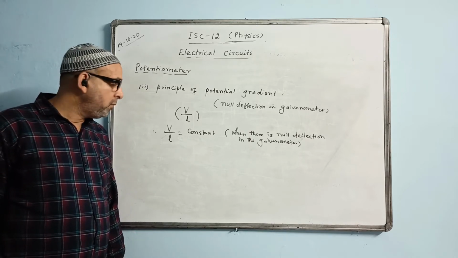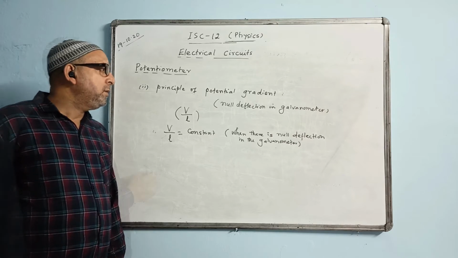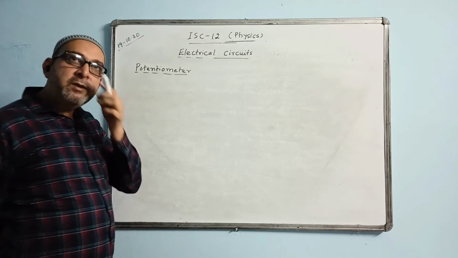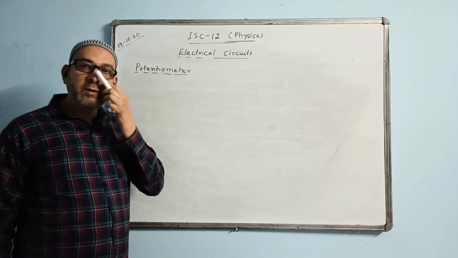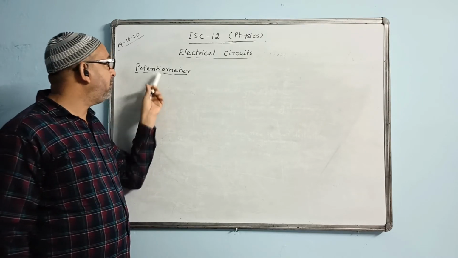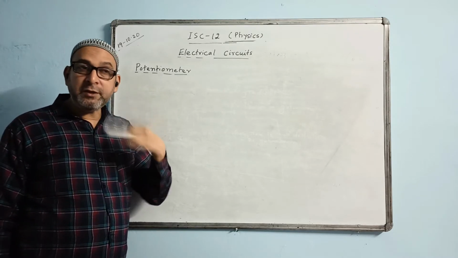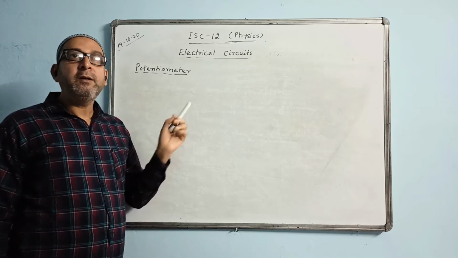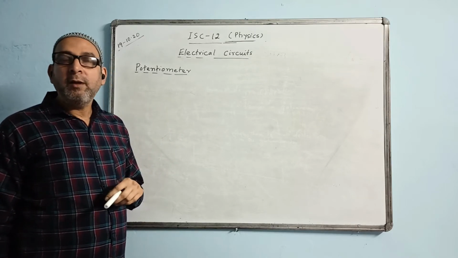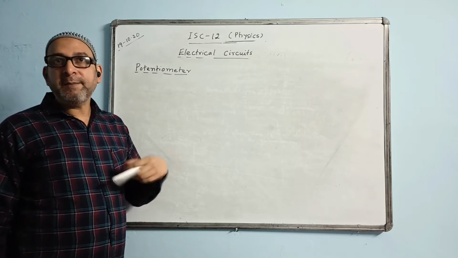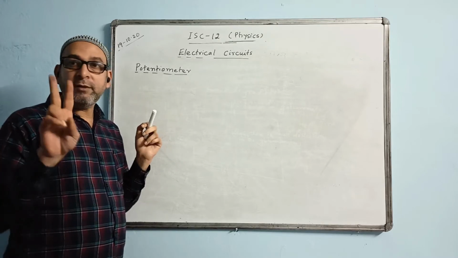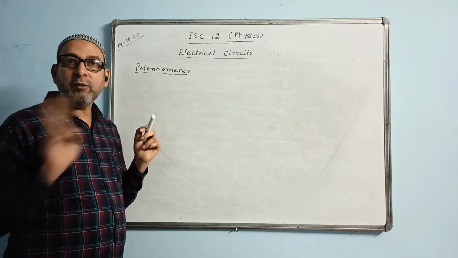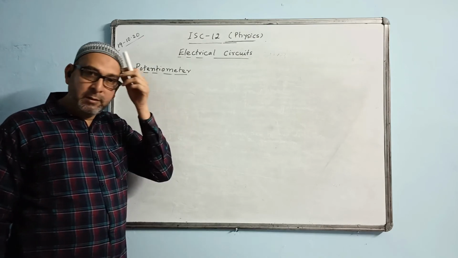They very often ask you on what law the second principle or the principle of potentiometer is based. If they ask to name the law, the name of the law is Ohm's law. And if they ask you to state the principle, then we will give the second one. The second one is the principle based on Ohm's law. Then we will write the principle of potential gradient.